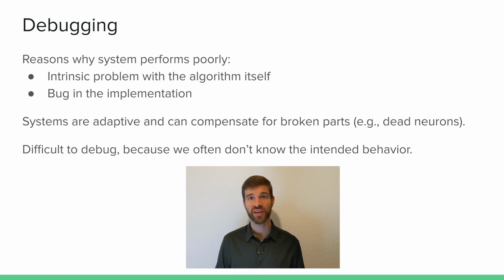So they can compensate for many of the broken parts, for example, dead neurons. So you can have some neurons that are no longer sending any output signals, and still you can perform very well.